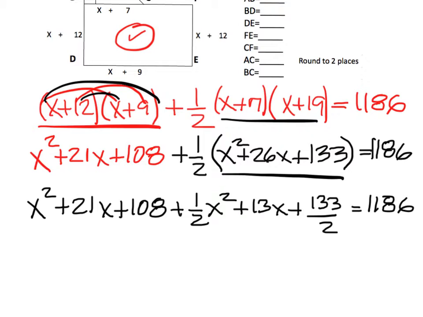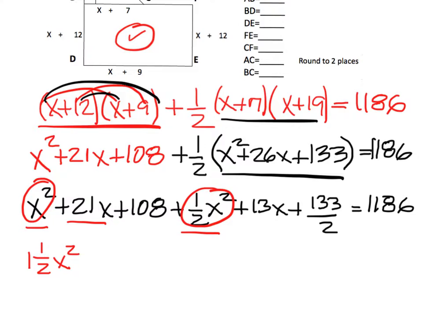Then you're going to have to simplify like terms. You have a 1x squared and a 1/2 x squared. That would be 1.5 x squared from this and this. And then 21x plus 13x is plus 34x.